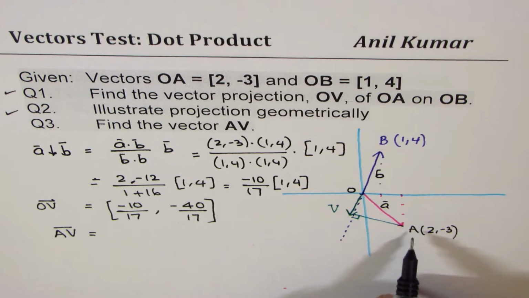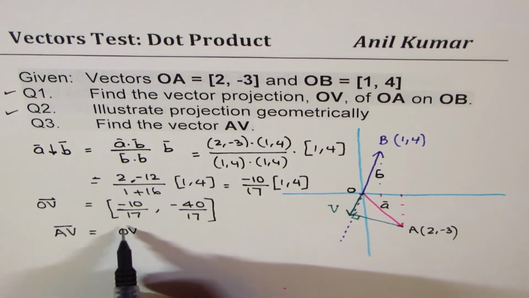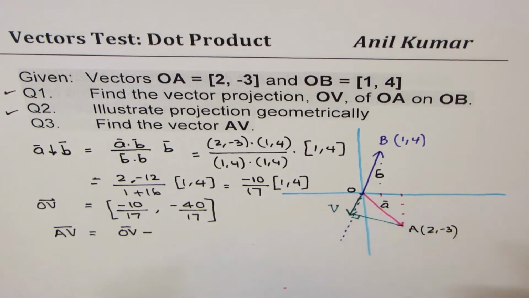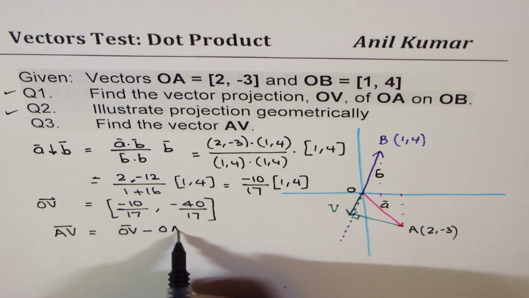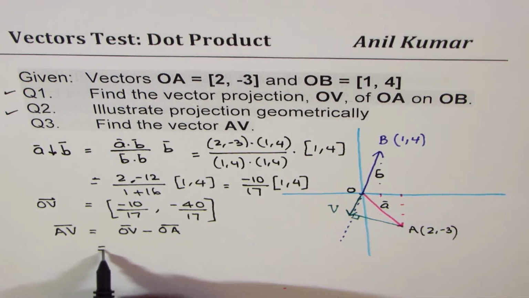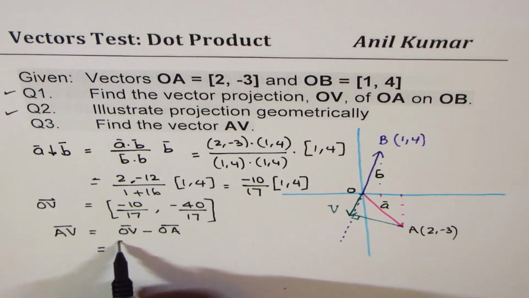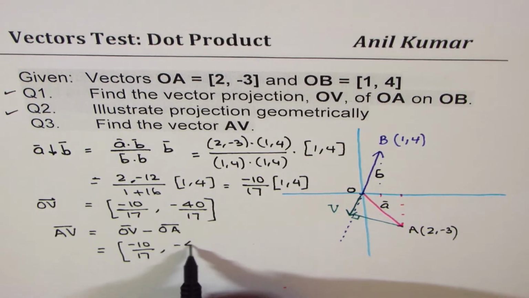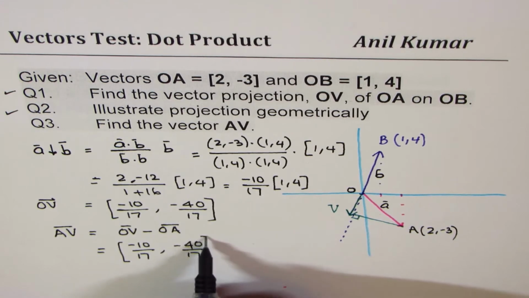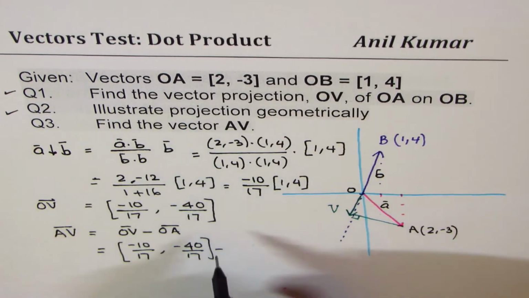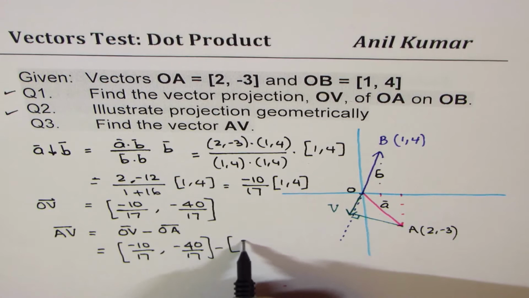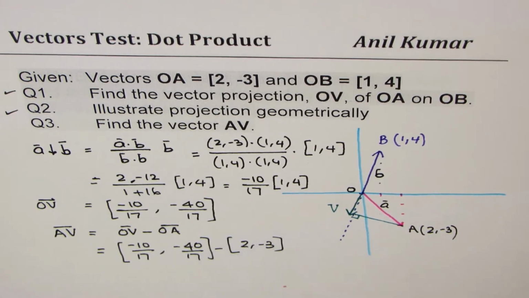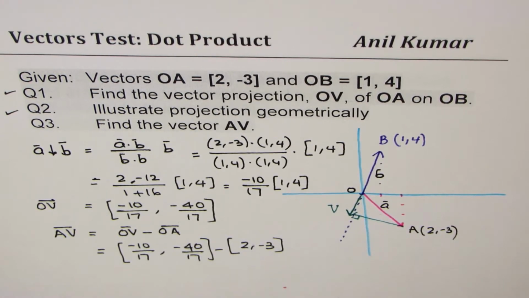So AV will be written as OV minus OA. So O to V is given here, which is (-10/17, -40/17). Take away OA, which is (2, -3). Correct? So that is what AV is.